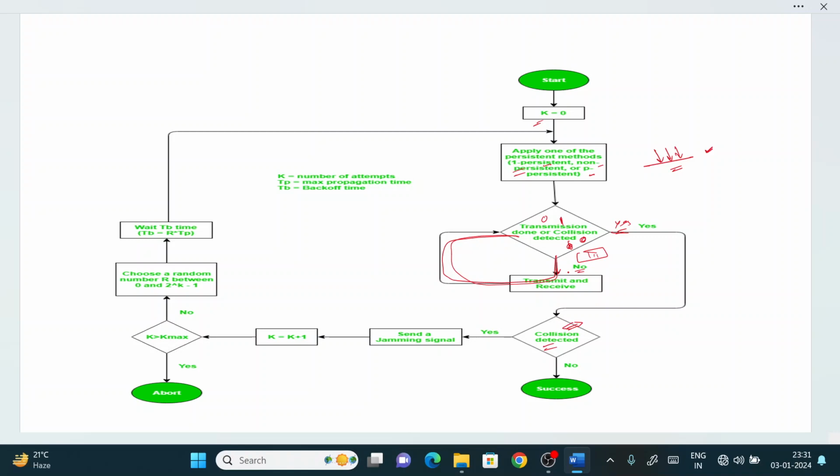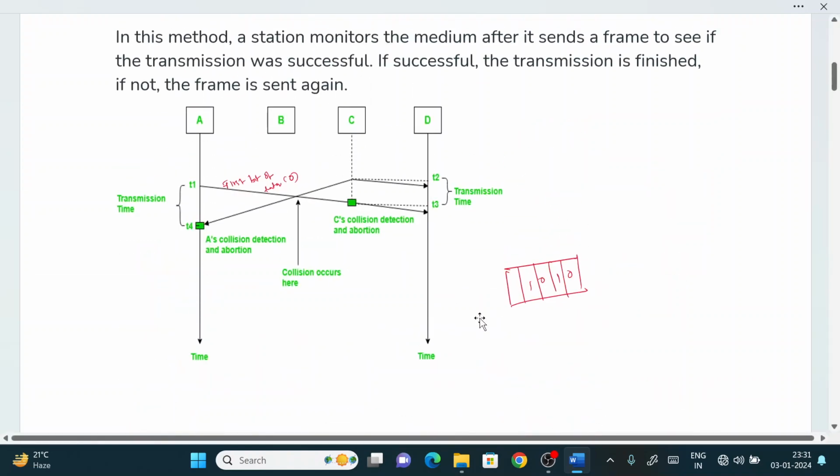If not detected, it means all the bits of data in the frame are transmitted, so it is a success. If collision is detected, as we saw previously, if C detects the collision, it will activate the jamming signal, so that A will not send the remaining bits of data. If A activates the jamming signal, then C will not send the remaining bits either.